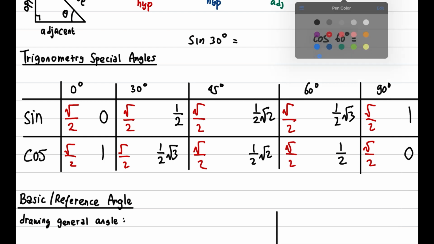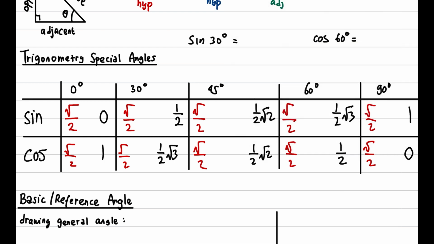And then you just put the values 0, 1, 2, 3, 4 under the square roots for sine. For cosine, start from 4, 3, 2, 1, 0. Now if you calculate the values, they will equal the previous values that I have written. So this is how you memorize the values of sine and cosine.